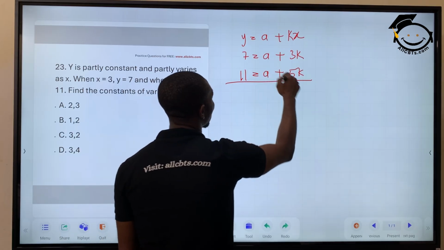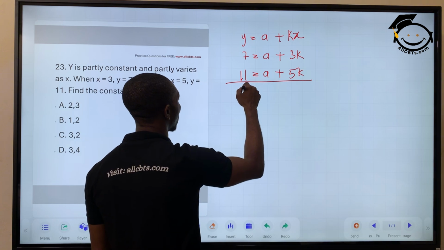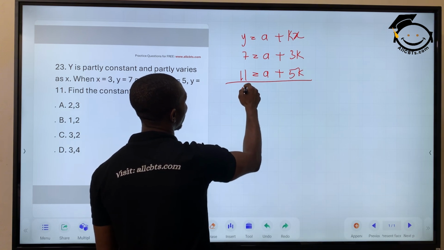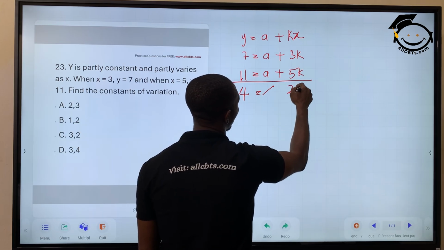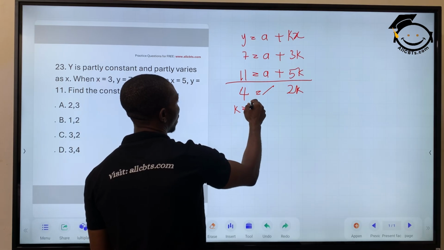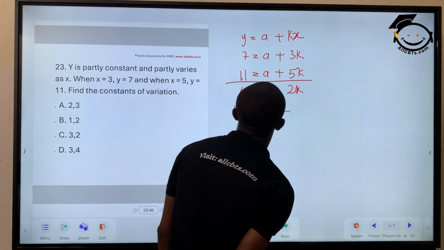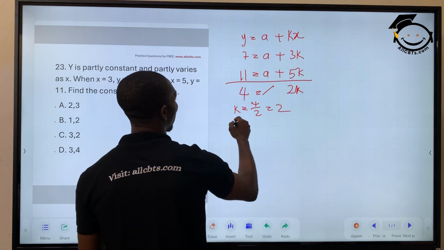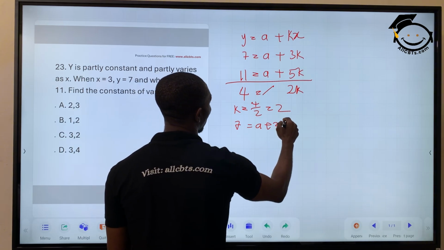Alright. Now we can eliminate a. Since they have the same signs, we subtract. 11 minus 7 gives us 4. 5k minus 3k gives us 2k. So our constant of proportionality will become 4 over 2, which is 2. Back into the question, we have 7 equals a plus 3k.